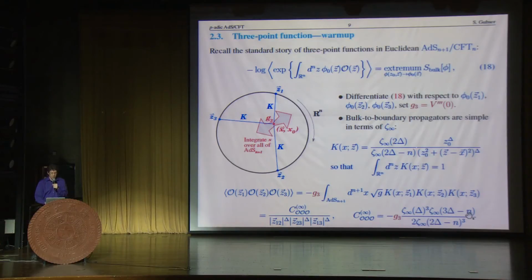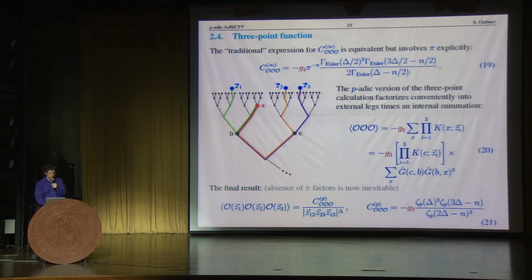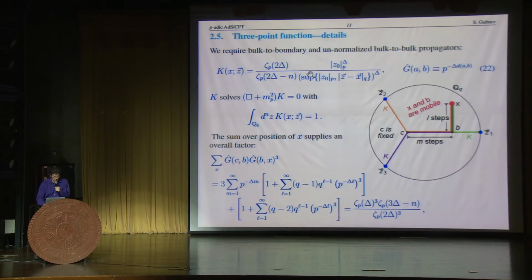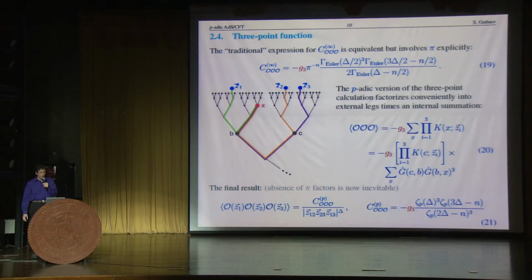I like this expression for this coefficient C000 because it doesn't involve the transcendental number pi. In fact, if we simply replace infinity by p, we wind up with the correct answer for the 3-point function of a p-adic field theory, according to the prescription that I'll develop in the next transparency.